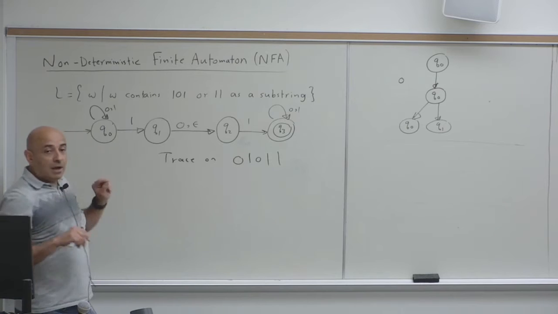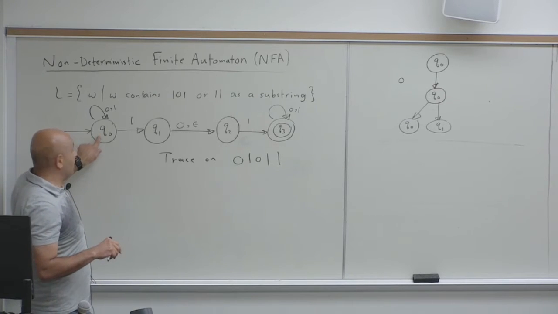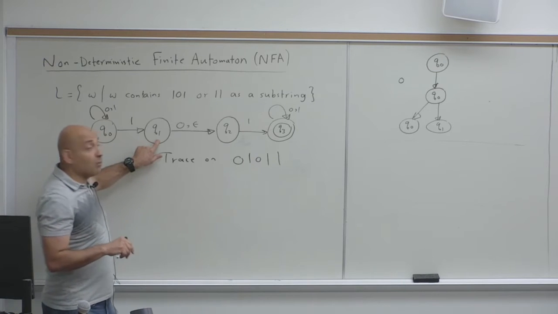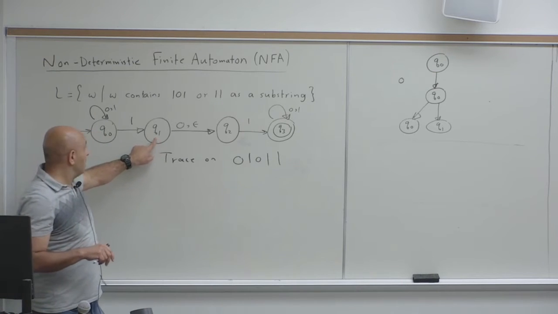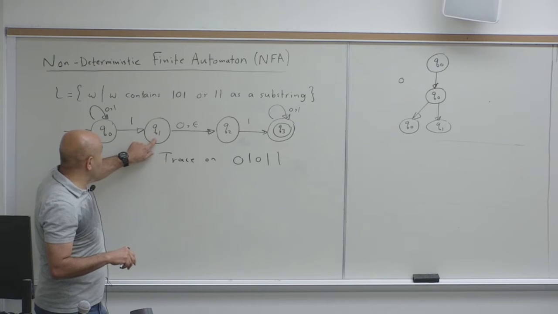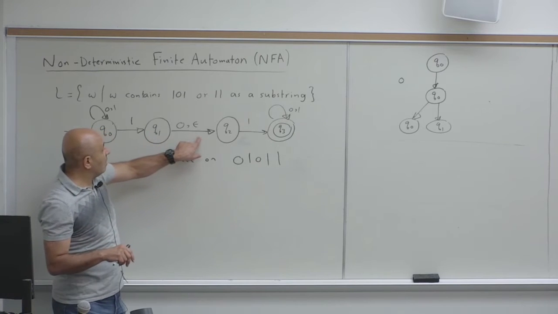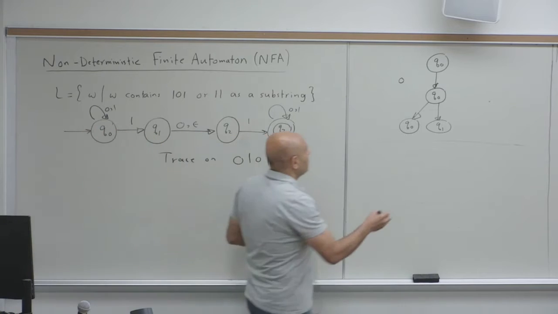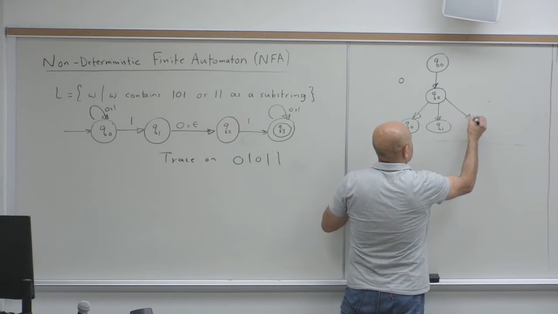So I have 3 options. Option 1, staying in Q0. Option 2, going from Q0 to Q1. Option 3 is going from Q0 to Q1, then continuing along this epsilon or null transition to Q2. This is a key idea.